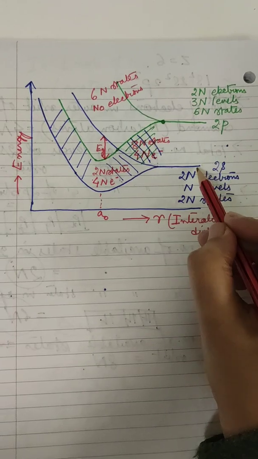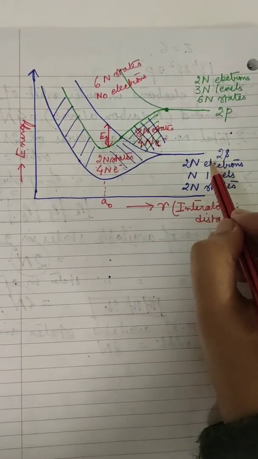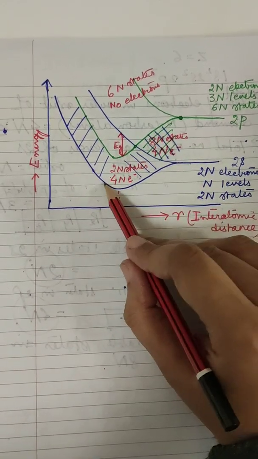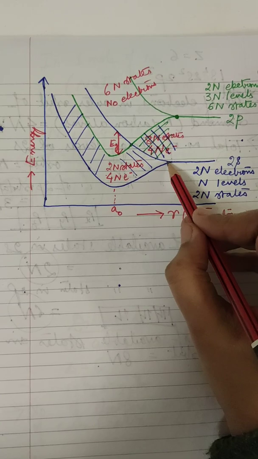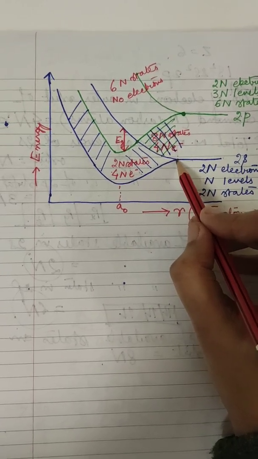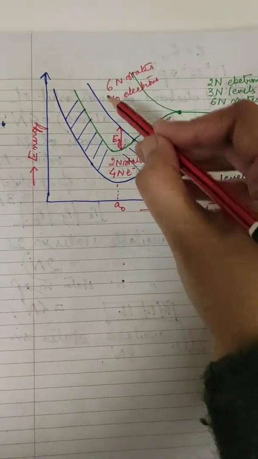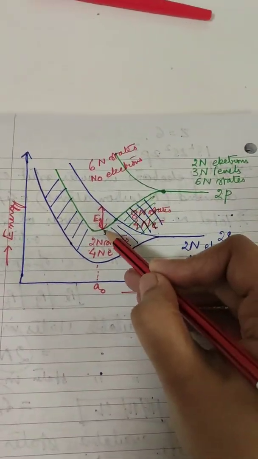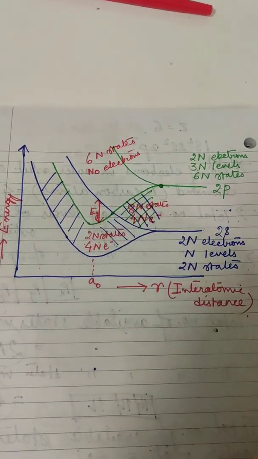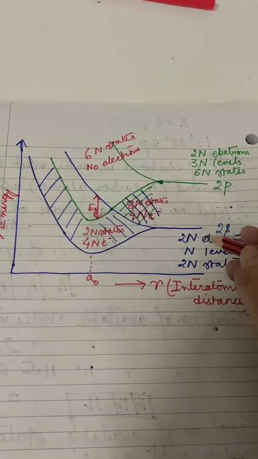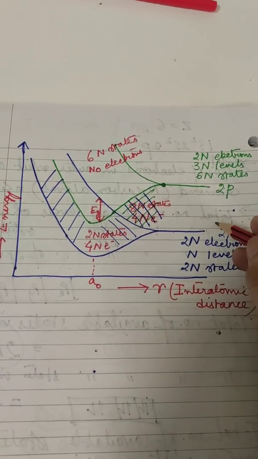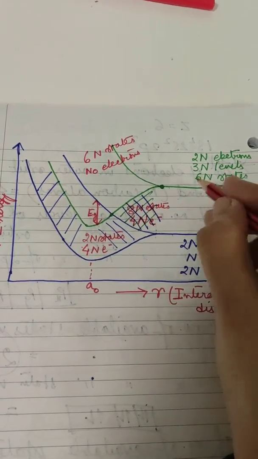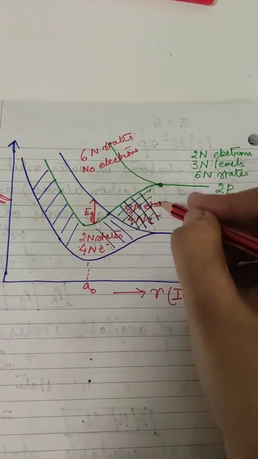You see here, when the distance between the atoms decreases, the energy levels start getting split up, such that the energy of some electrons in the 2s orbital becomes so high, and the energy of some electrons in the 2p orbital becomes so low, that they start mixing up.